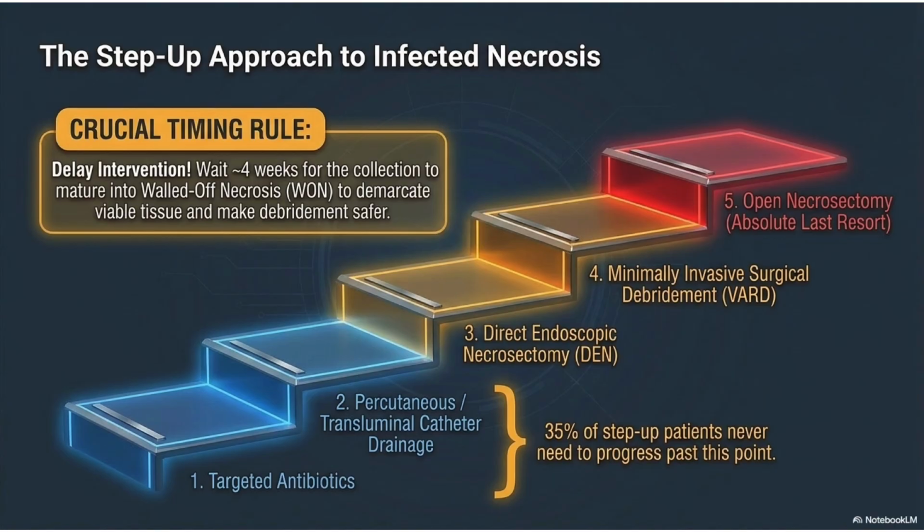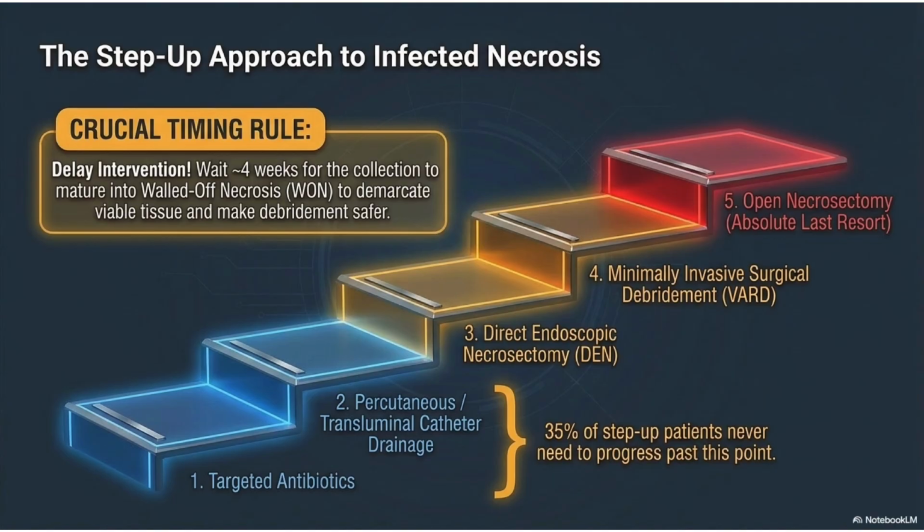And up to 35% in the literature of the step-up patients never need to progress beyond this point. You have your diagnosis, you have your bug, and you treat it with draining and IV antibiotics. Some cases you need step 3, which is going to be direct endoscopic necrosectomy, or you can also do minimally invasive surgical debridement.